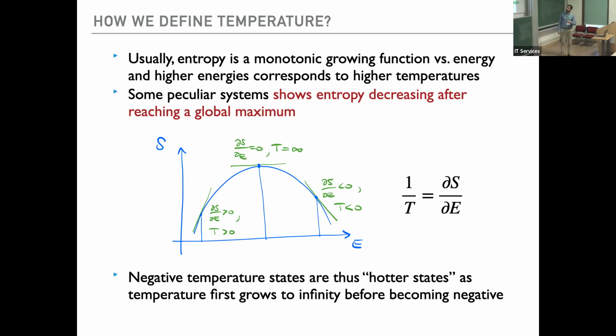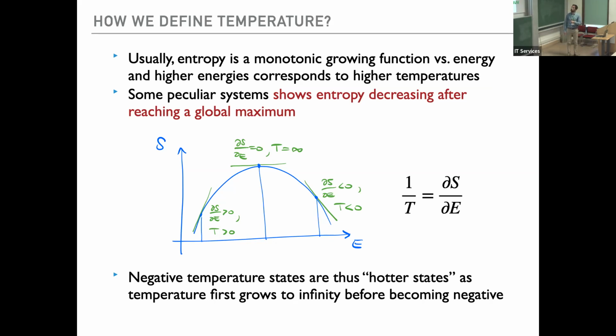But after you reach a maximum, where temperature is infinite, you might end up in negative temperature regions. This is quite instructive because it tells you immediately that negative temperatures are actually hotter than positive temperatures, because they are on the right-hand side of this maximum. So you first go to infinite temperatures, and then you can reach negative temperatures.